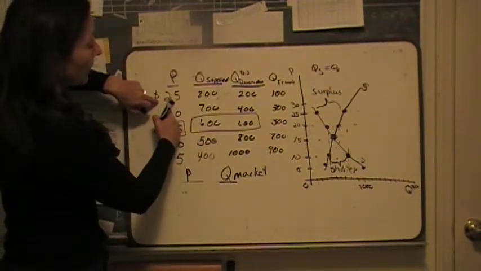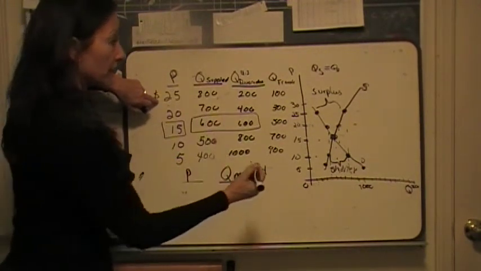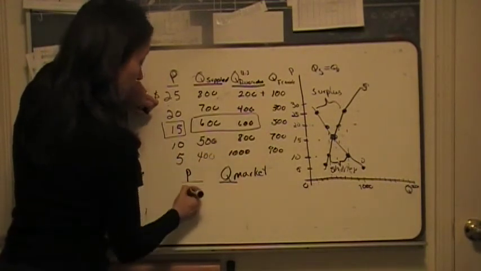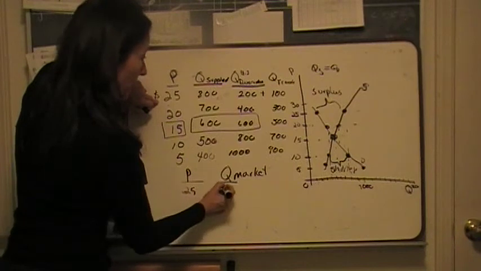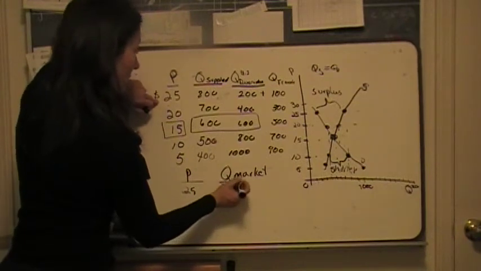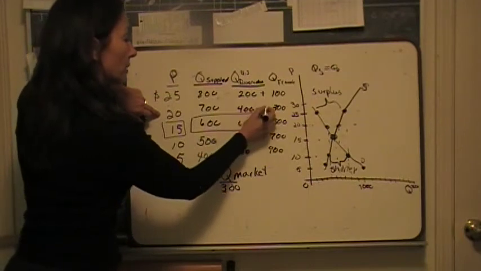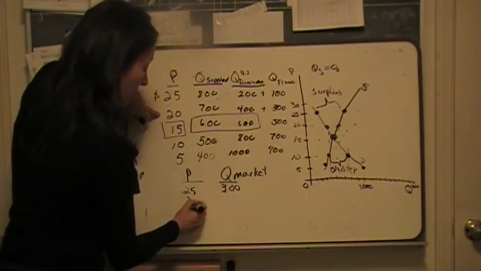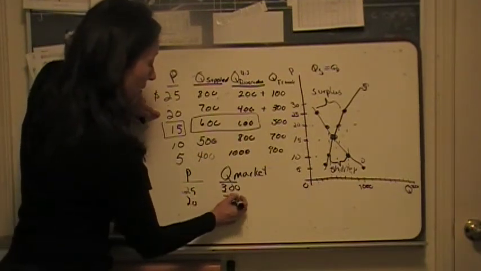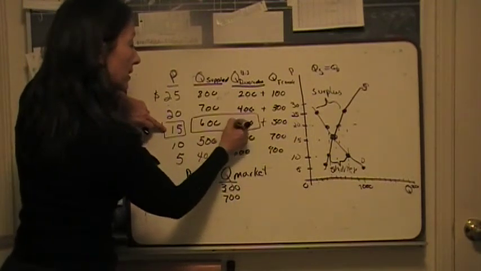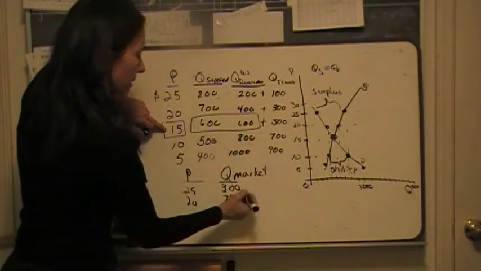Okay, at $25, how much is the total market demand? That's going to be 200 plus 100. So at $25, market demand is 300 units. At $20, 400 plus 300. So at $20, that's 700 units demanded. At $15, we're going to take the US demand and the French demand.